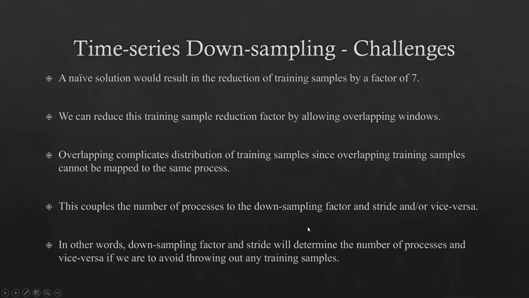So in other words, having overlap in the downsampling causes our number of processes to be coupled with the downsampling factor in the stride. So when I go to implement this, there will be some relationship between the minimum number of processes I can have and the downsampling factor, which could be an issue at lower scaling. But hopefully we just scale it up and it's not too much of a problem.